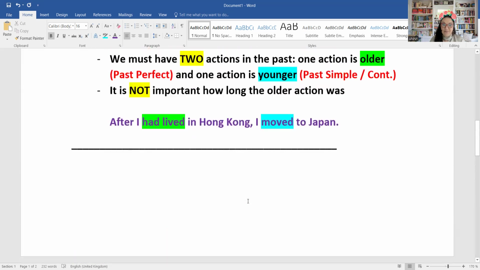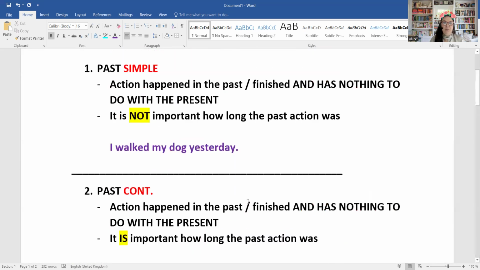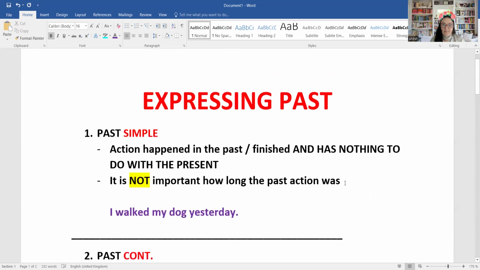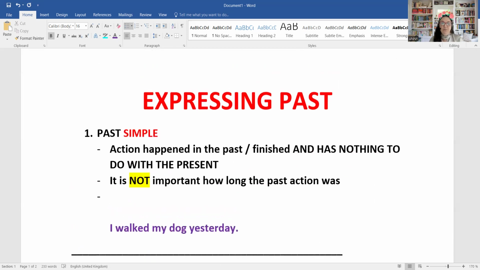All right. So additionally, what can we put here? Well, if we talk about past simple, we can use only one action in the past. So here it is possible. Only one.